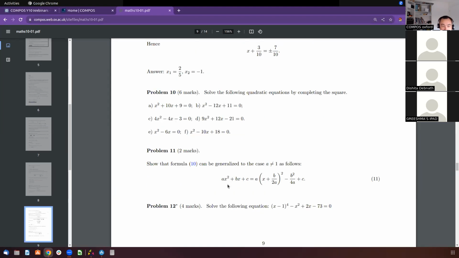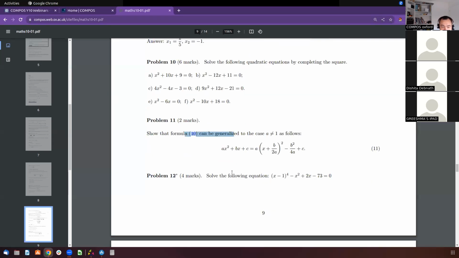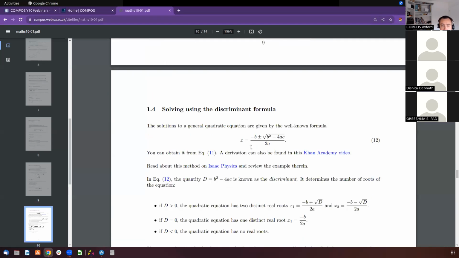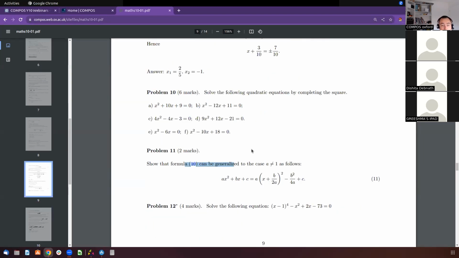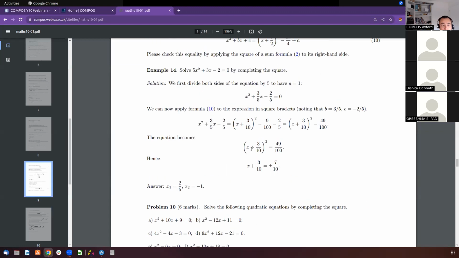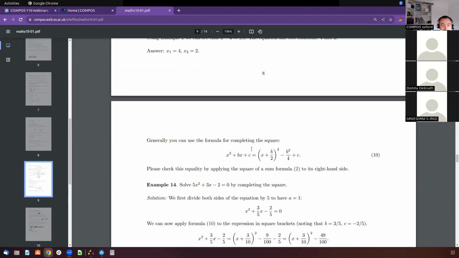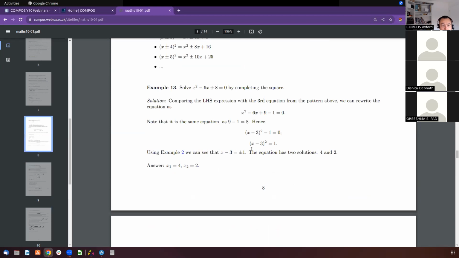Well, it works like this. Problem 11. Show that the formula can be. Oh no, sorry. You can use the discriminant formula. Actually, okay.